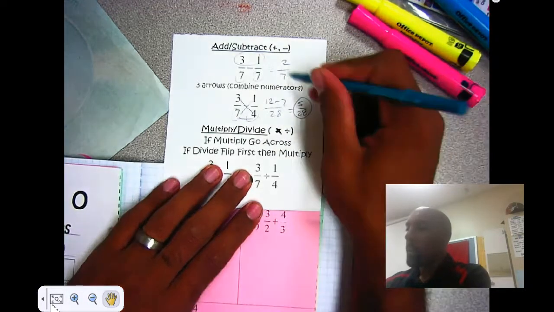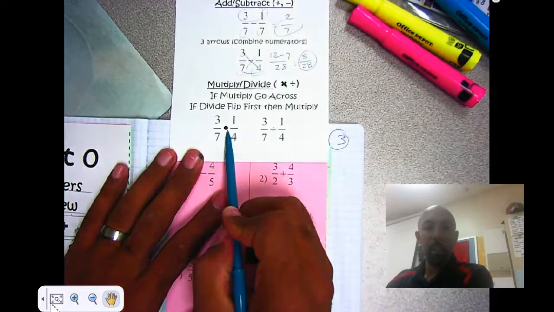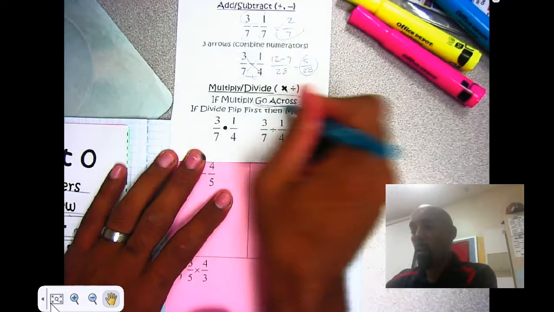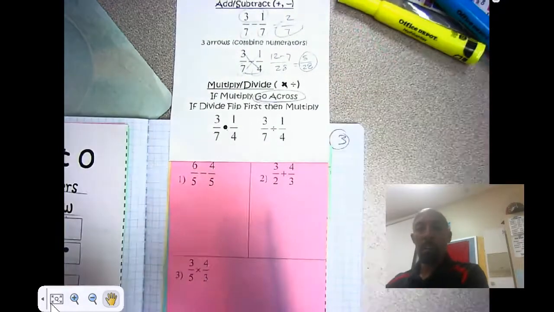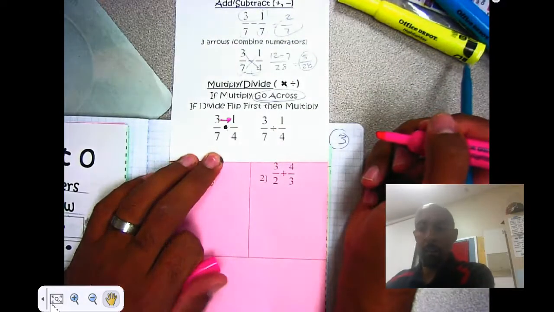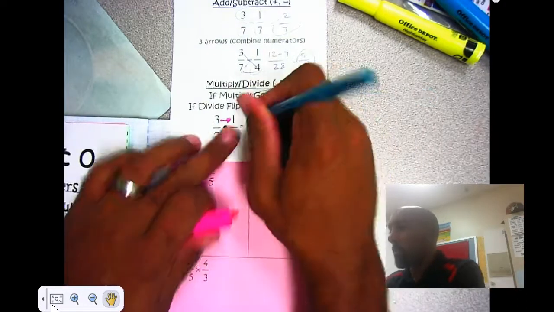Okay? So now, that was if it was add or subtract, but what if it's multiply? Now for multiply, we go across. So I'm going to go from the 3 to the 1 and multiply. 3 times 1, 3.